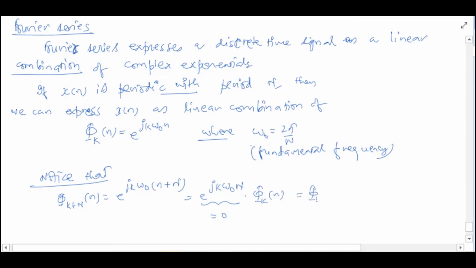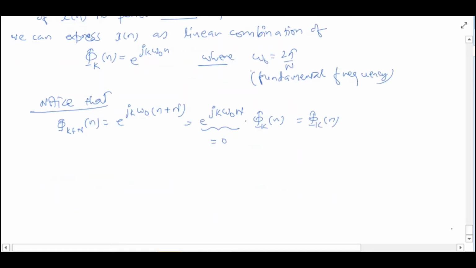So this is phi k[n]. So we see that phi k[n] is the same as phi k plus N [n], which in turn is equal to phi k plus 2N [n] and so on.